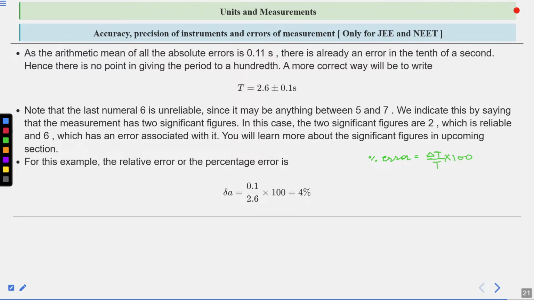Here delta t is what we already calculated, and t is what we consider here. So delta t divided by t into 100%, you will get the percentage error. Clear, Alok?